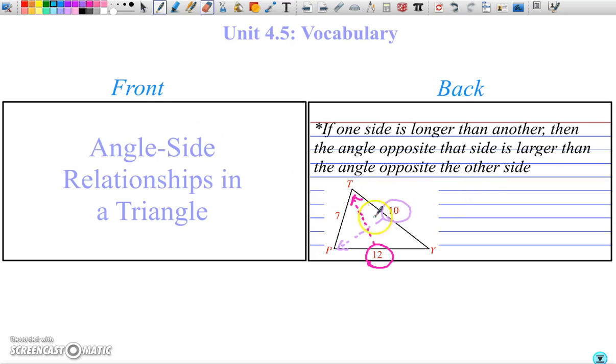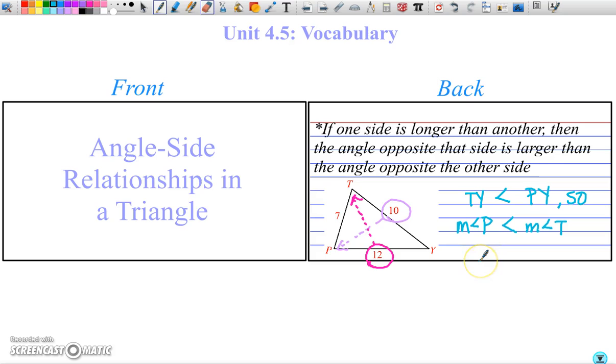So what we have here is that TY is 10, and that is less than 12, your PY. So what that means then is the measure of angle P is going to be less than the measure of angle T.